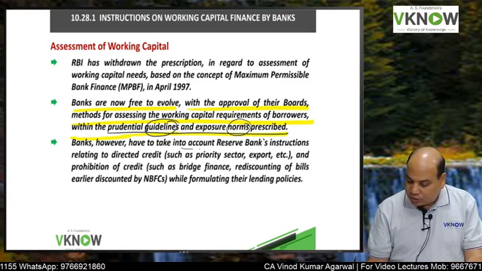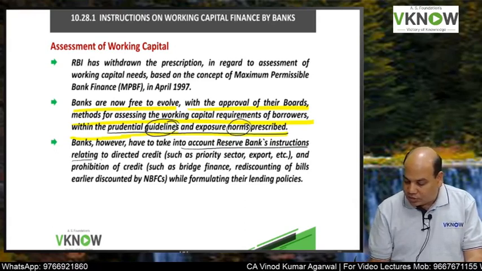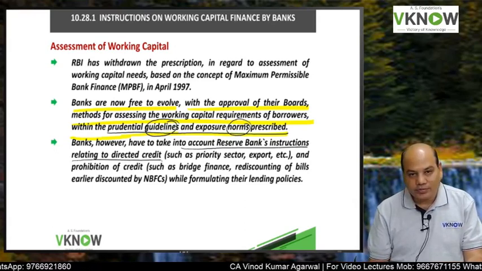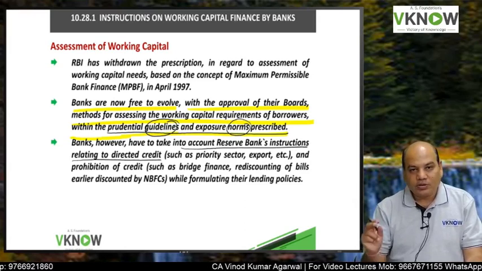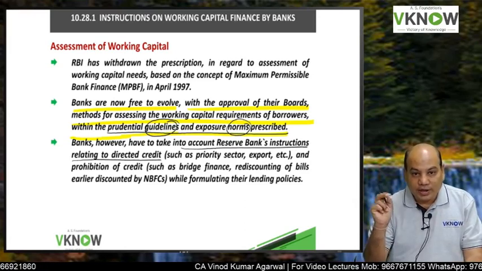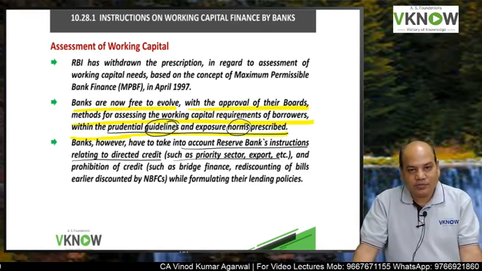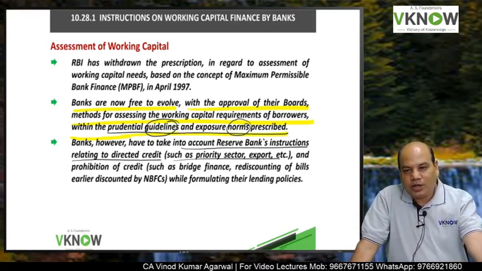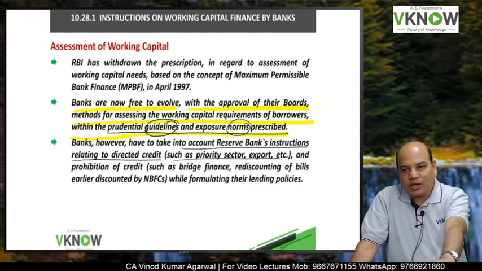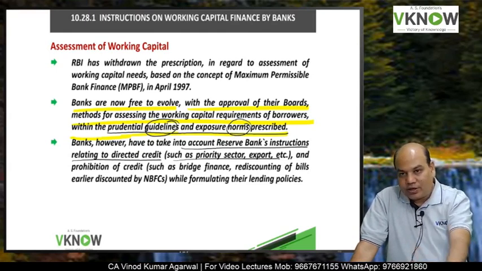So banks have to take into account RBI's instruction relating to directed credit. RBI has given a guideline on directed credit, which means specific sectors, priority sectors. So while lending money, keep RBI guideline in mind when it comes to priority sector.